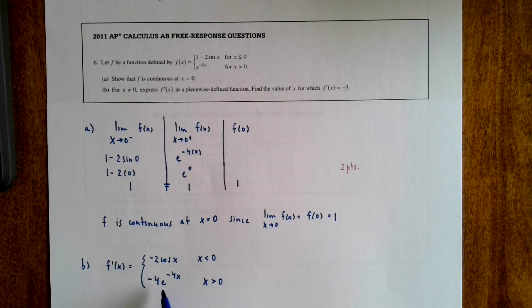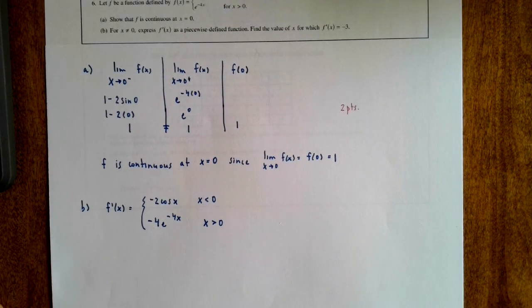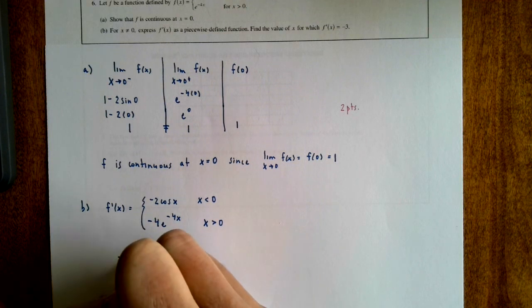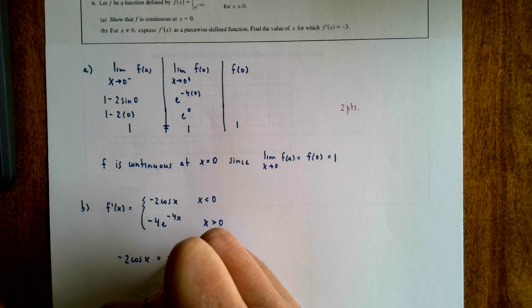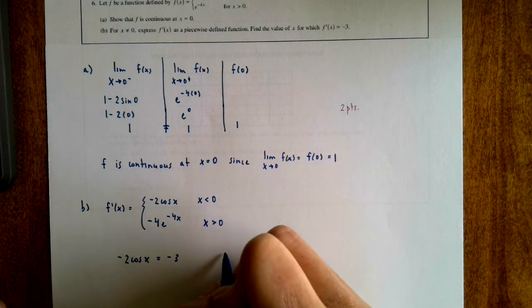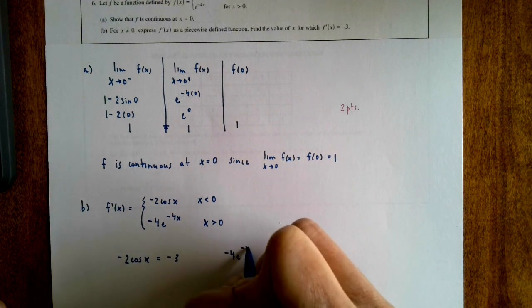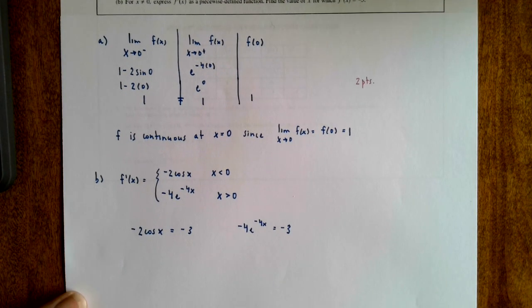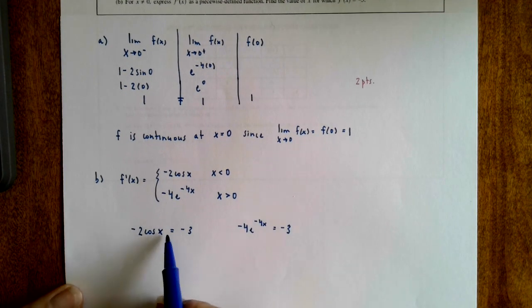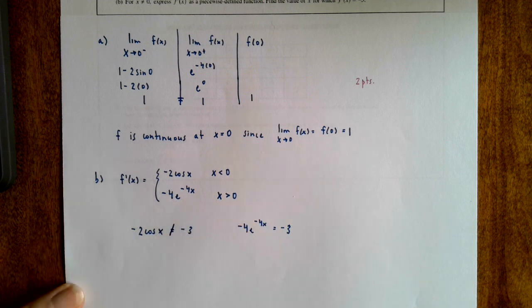Well, for f prime of x, we have 2 pieces. So we could consider negative 2 cosine of x equal to negative 3, or negative 4 e to the negative 4x equal to negative 3. Now, for the first part, hopefully we recognize this is not going to be equal to negative 3.